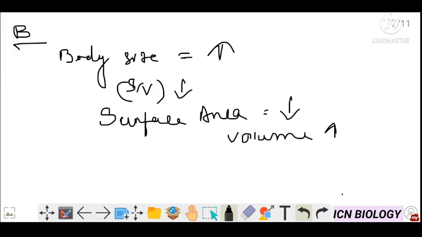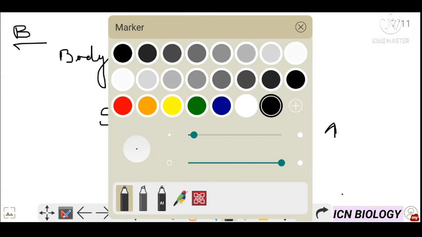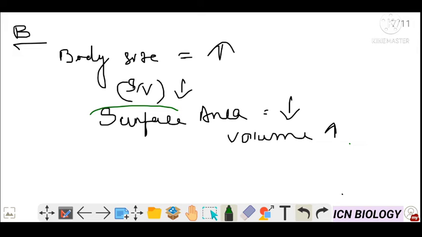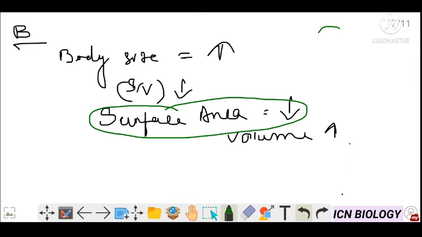Why do we require less surface area? Here in this case, B is present in the polar region, right? Why do we require less surface area in the polar region?